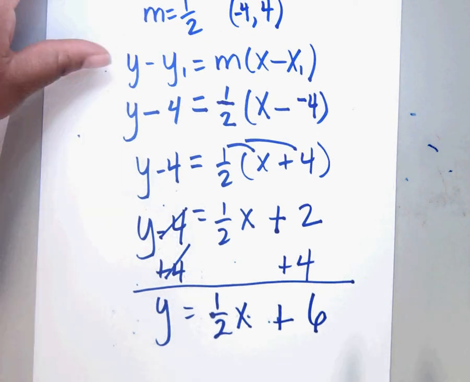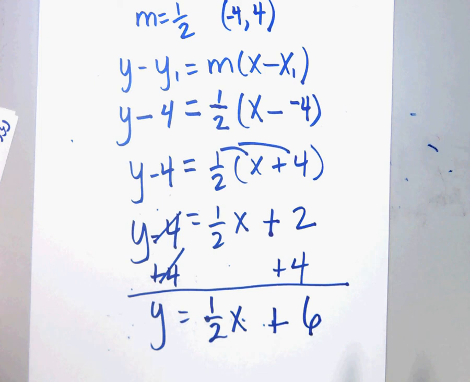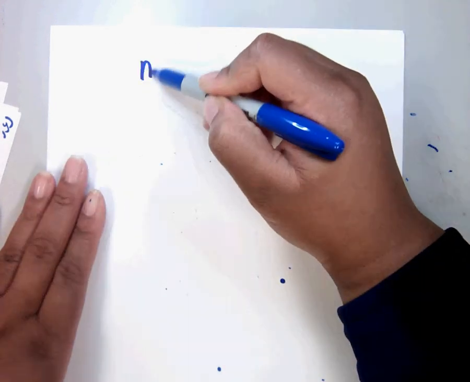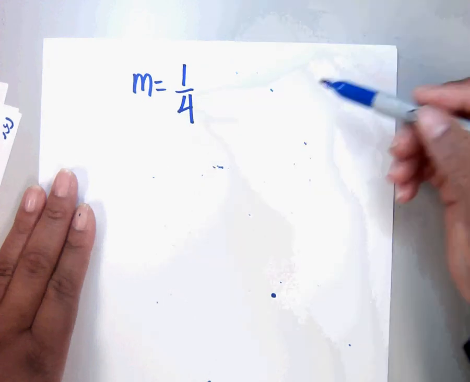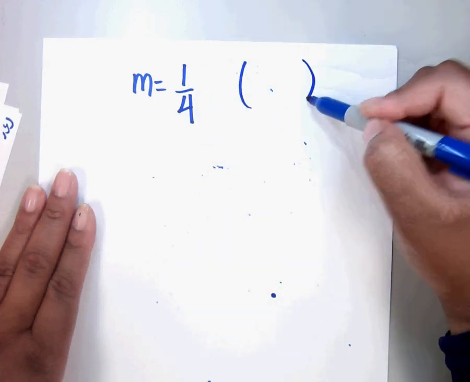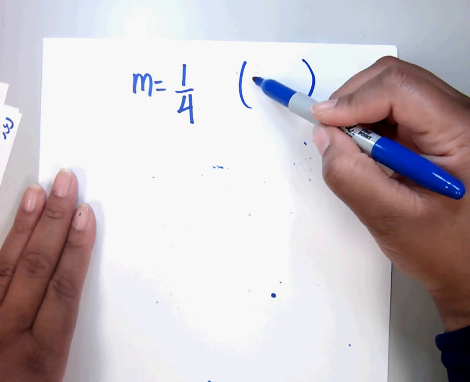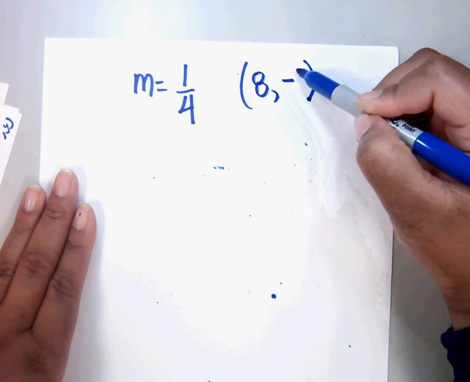Okay, I'll do one more. I want a slope of positive 1/4, and let's do (8, negative 1).